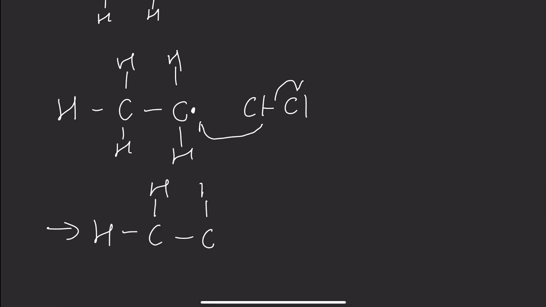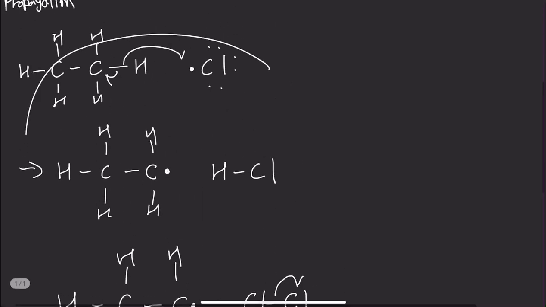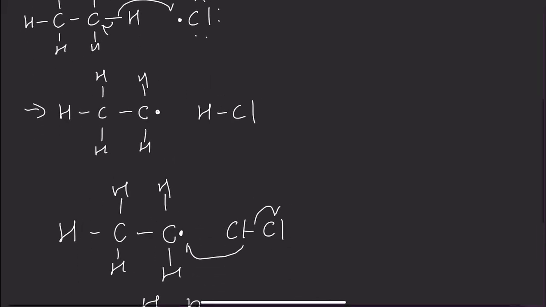And this will produce another chlorine radical. The regenerated chlorine radical can take part again in the first propagation step. This cycle of the two propagation steps will continue until a termination step occurs, and this goes the same for every other radical substitution reaction. Lastly is the termination step.